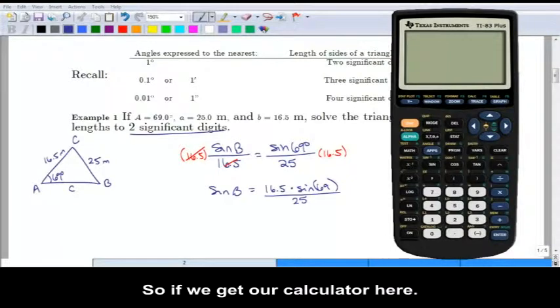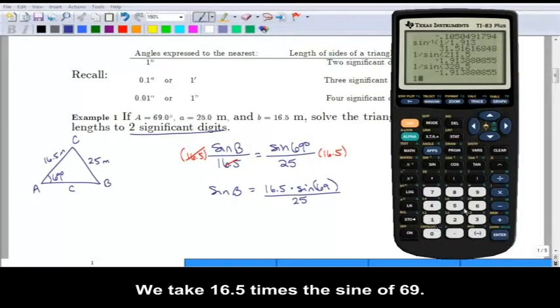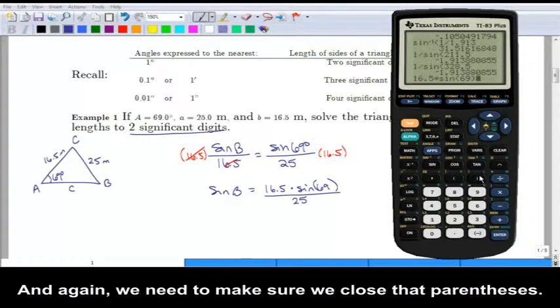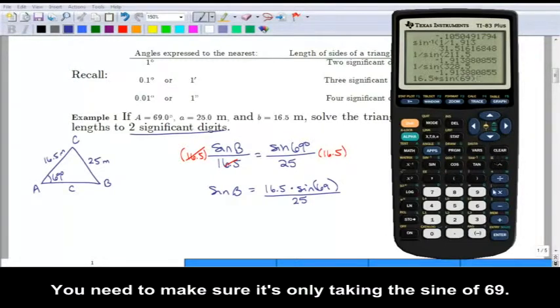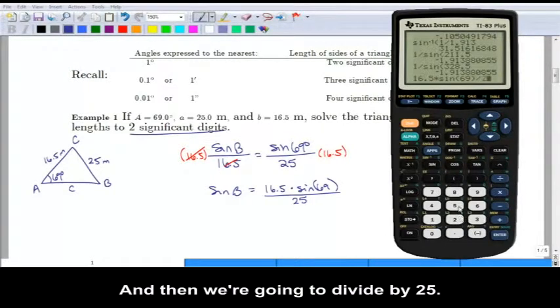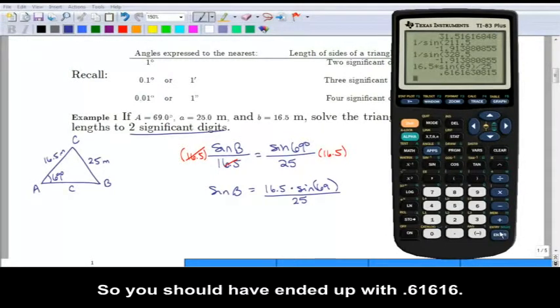So if we get our calculator here, we take 16.5 times the sine of 69, and again we need to make sure we close that parentheses, otherwise it's going to take the sine of everything afterwards. We need to make sure it's only taking the sine of 69, and then we're going to divide by 25. So you should have ended up with 0.61616.